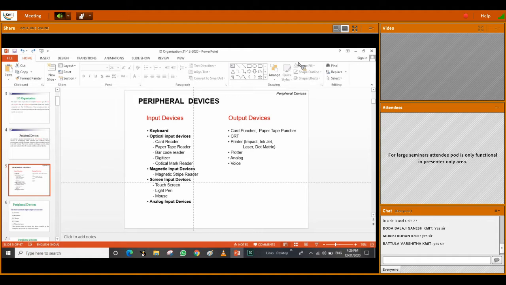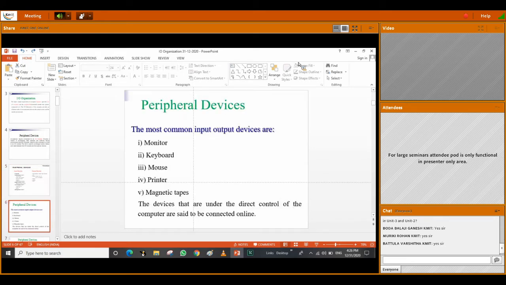You can have different types of printers. Plotter: where we print flexes or big screens. Again analog voice. And the common devices are the monitor, keyboard, mouse, printer, and magnetic tapes. These are mainly what we are using. It is very familiar to us.